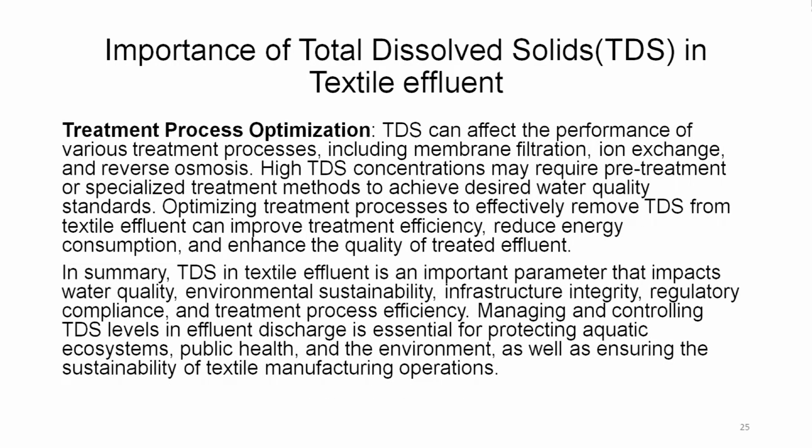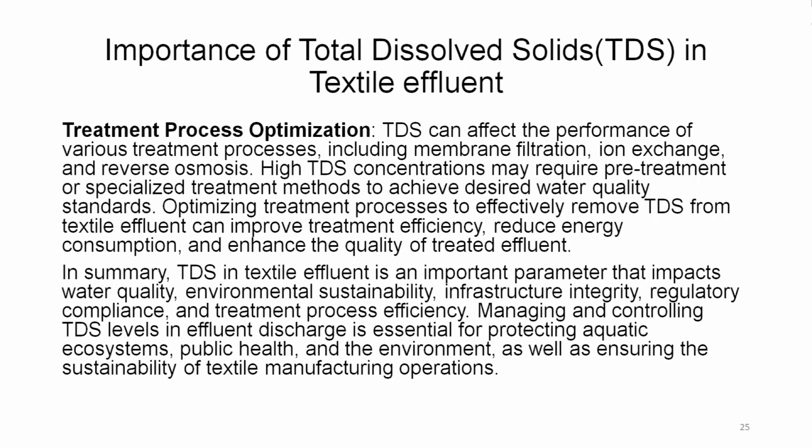Treatment process optimization. Here also, TDS can affect the performance of various treatment processes, including membrane filtration, ion exchange and reverse osmosis. High TDS concentration may require pre-treatment or specialized treatment methods to achieve desired water quality standards.